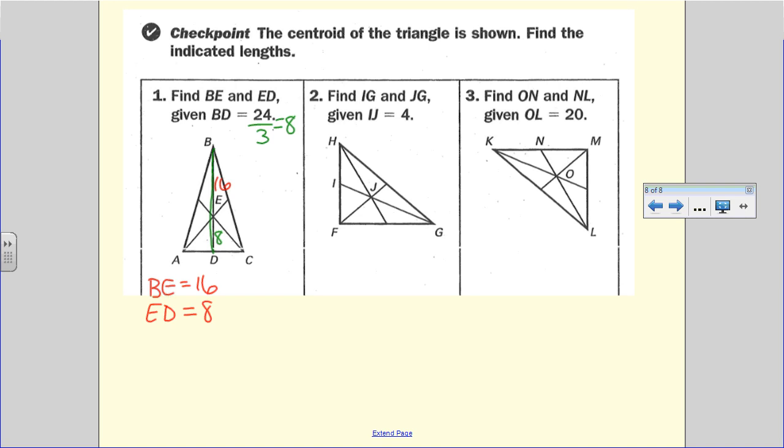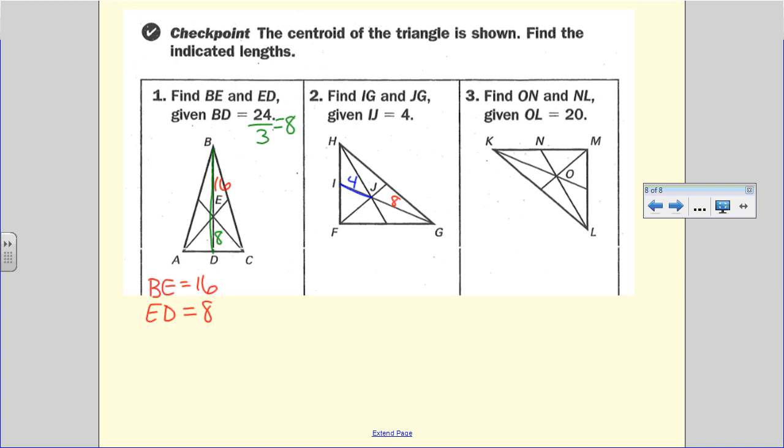All right, let's take a look at what we have here. Now they're telling me IJ is equal to 4. So IJ, that's my smaller segment. It's going from centroid to side. I know that my larger interior segment is going to be double that, so this is going to be 8. So I've labeled everything.